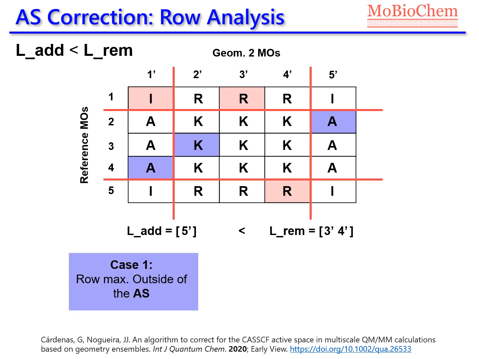We see that in the case of row 4, its maximum corresponds to a sampled orbital which is outside of the active space. This suggests that although on the basis of the column-wise analysis this orbital would have to be ignored, in reality we should add this orbital to the active space.